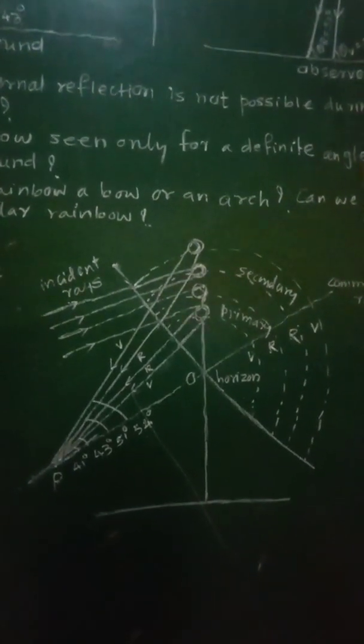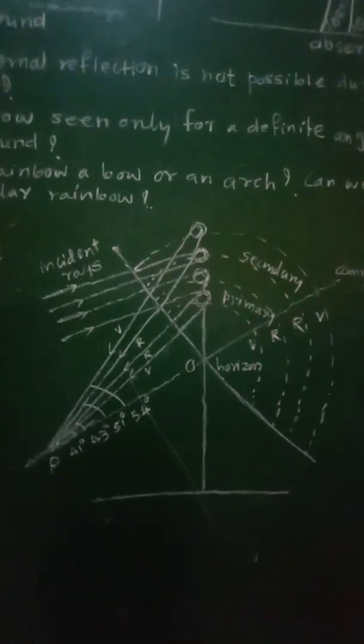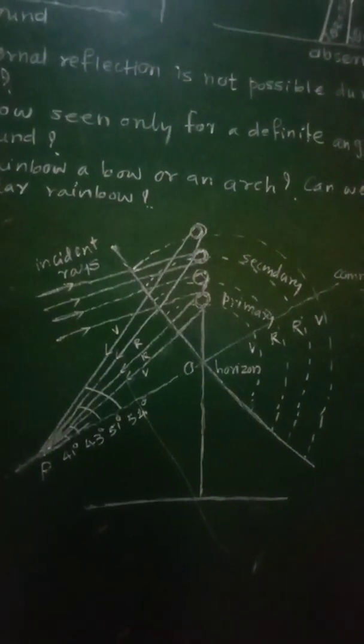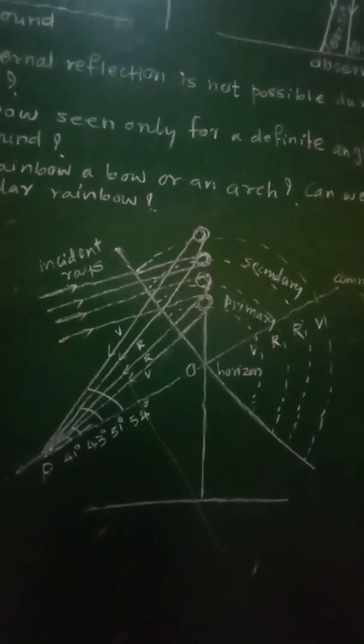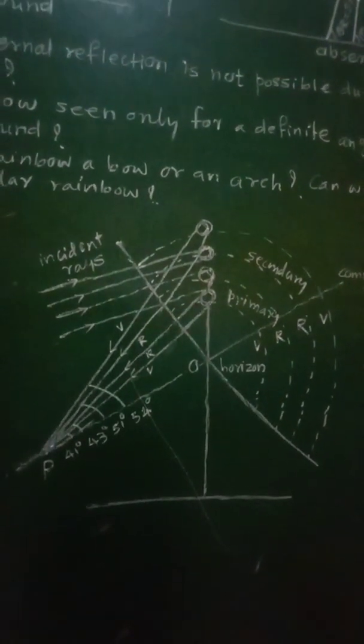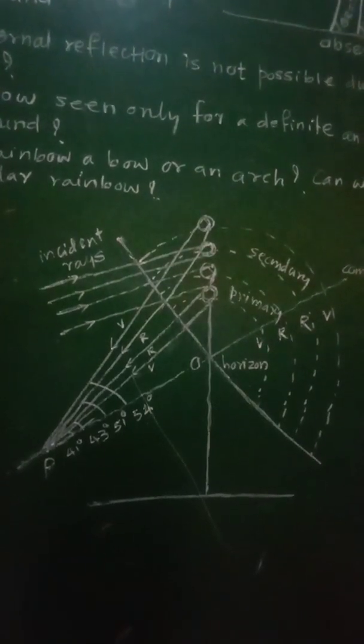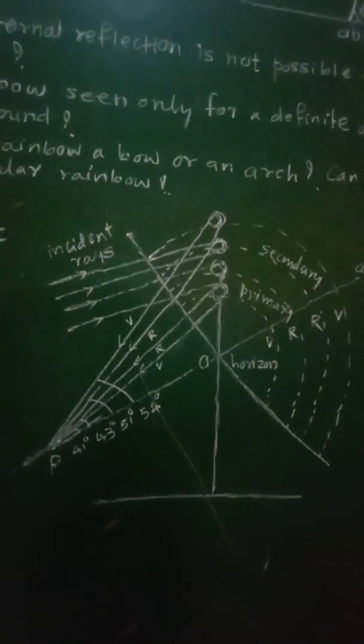So what will happen if the water drops are too small? For very small drops, the phenomenon of diffraction of light, that is, redistribution of energy due to an obstacle, will take place.